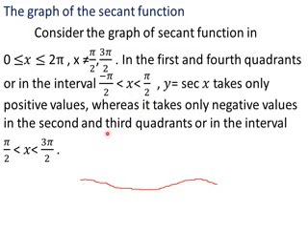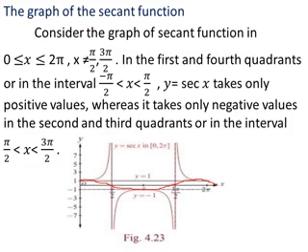And it takes negative values in the remaining quadrants, that is in the second quadrant and third quadrant, or in the interval pi by 2, 3 pi by 2. So here we have the graph of secant function. Actually in the graph of secant function we don't have this red line. What I have marked with this red line will not come.